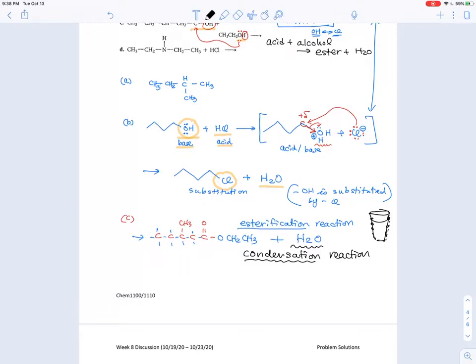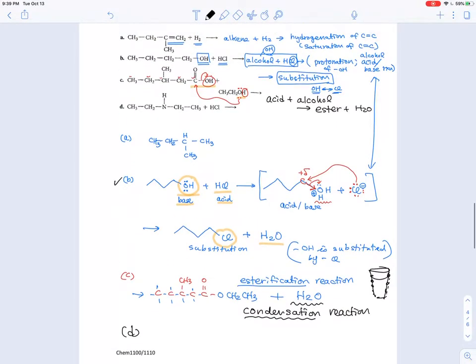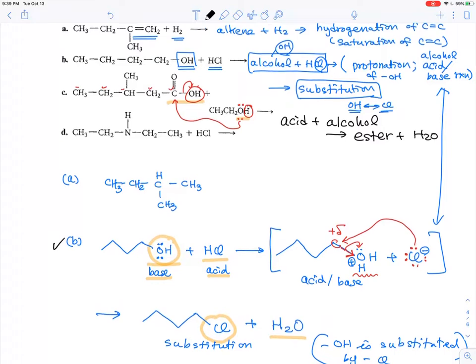The number D is actually kind of redundant to the number B shown up here. As you can see here, this is an amine and HCl. So what's going to happen is a lone pair. So this one is an H plus and Cl minus. They simply go through an acid base reaction.